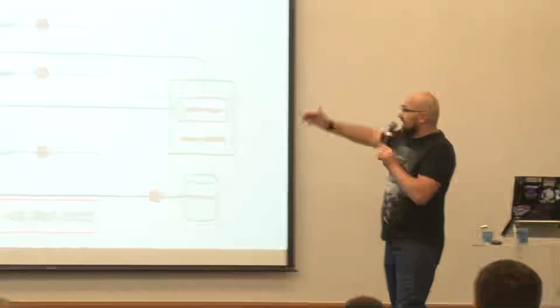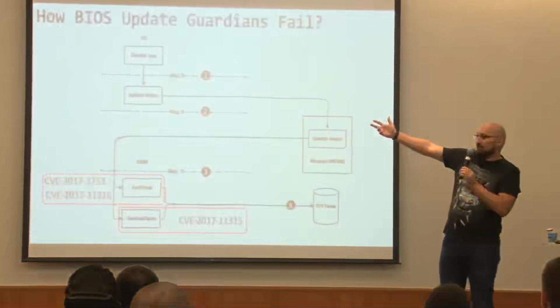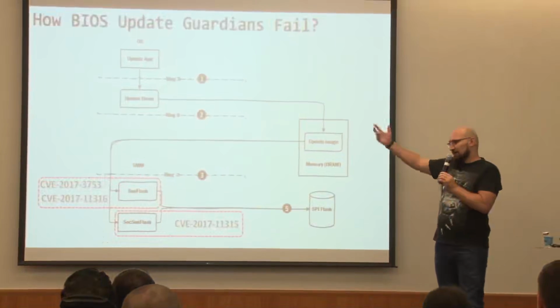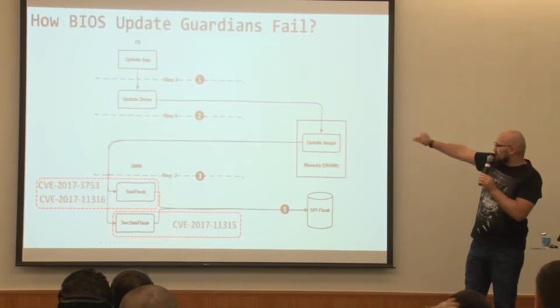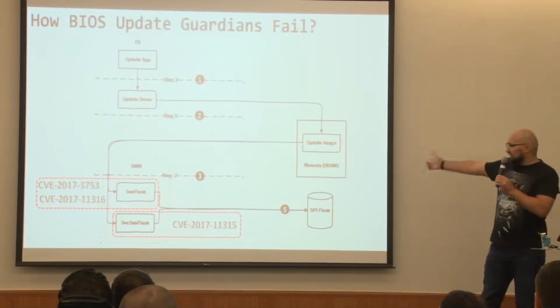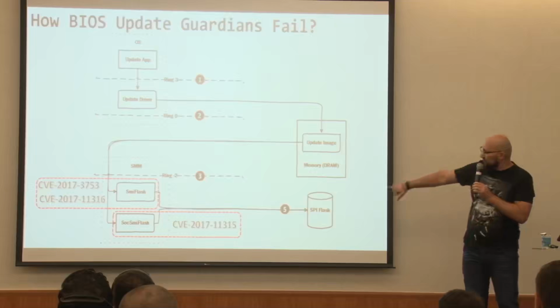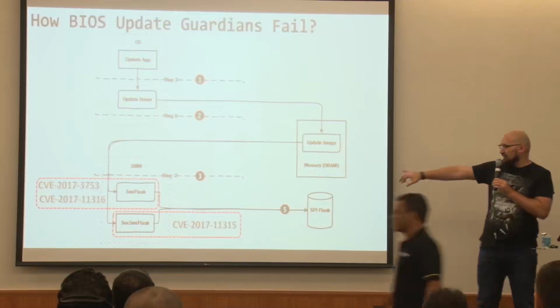So in a generic way, if you look at this picture, we have different stages of how the BIOS update can be delivered. The first stage, of course, is the update application running in user mode. Then it loads some driver, which puts the BIOS update image into memory, and then the update image is caught by the SMI handler responsible for the BIOS update process.